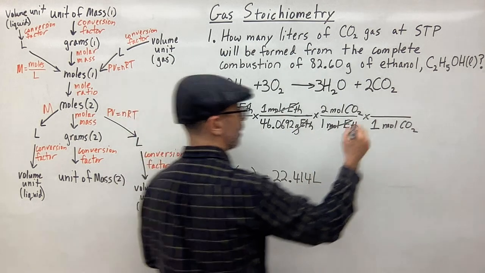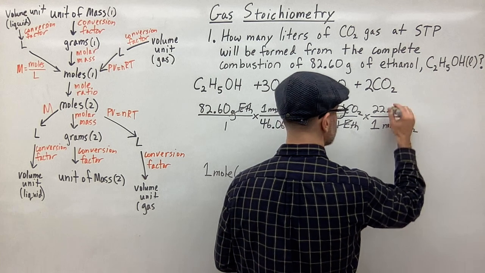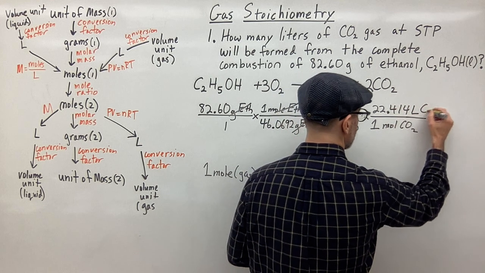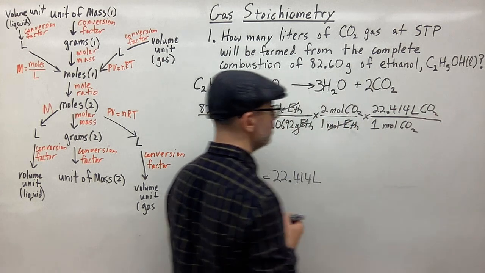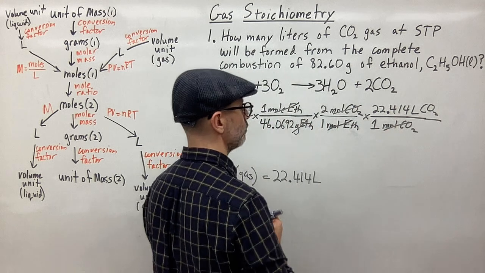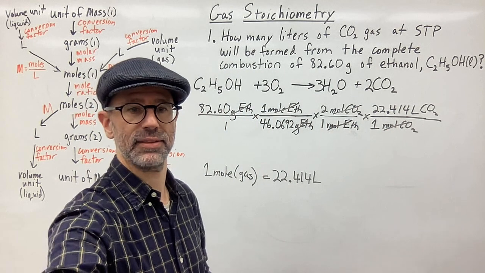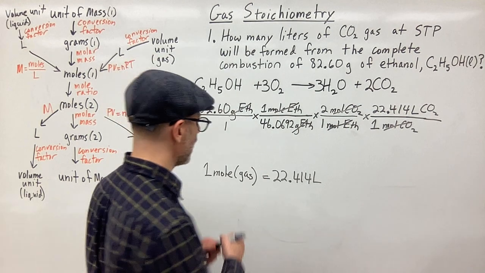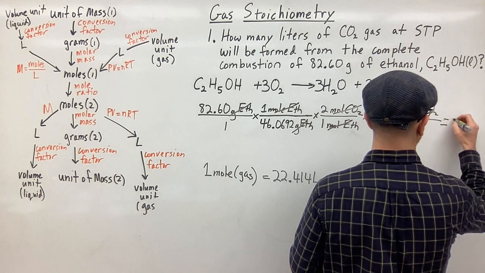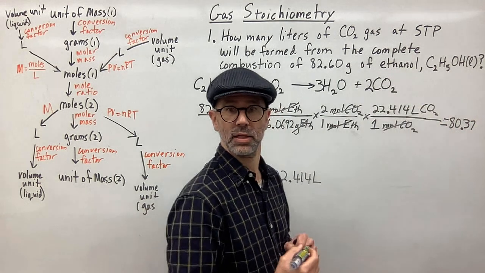And then on top, I'm going to have 22.414 liters of CO2. And now moles of CO2 cancel out. I have liters. And now all I need to do is calculate again, and let's see what we got. And when I do that, I once again get 80.37 liters.